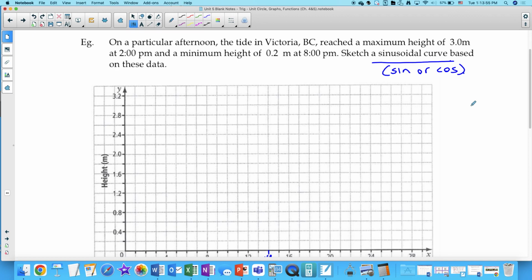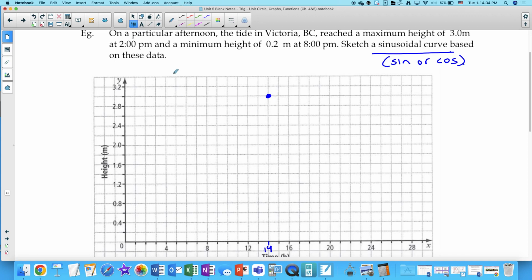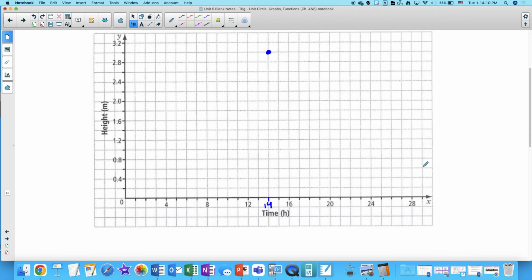Okay. A minimum height of 0.2 meters at 8 p.m. So 8 p.m. is what? 20 hours, and we're at a minimum at 20. Okay, we're at a max at 14 and a min at 20.